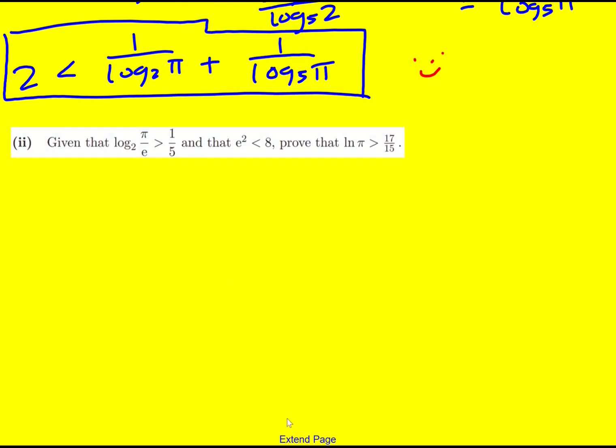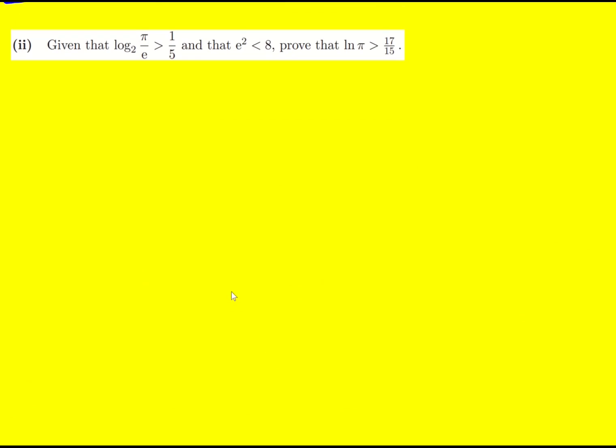So first up, a really concise way of doing it. I'm gonna write it as log to base 2 of pi minus log to base 2 of e, separating it, is greater than a fifth. We know that that is true. And then I want ln pi, so I'm going to change the base.